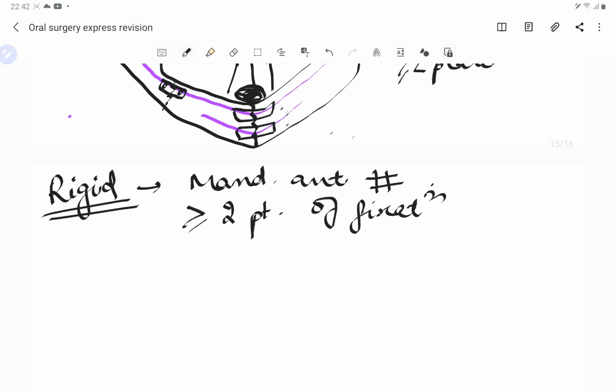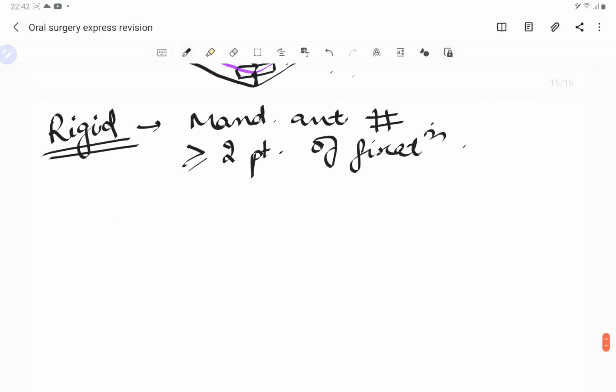And how can we achieve it? See guys, an arch bar is used when we are doing intermaxillary fixation, we are fixing the teeth, right? Our main motto is placing one plate up in the superior border of the mandible and one plate below in the inferior border.